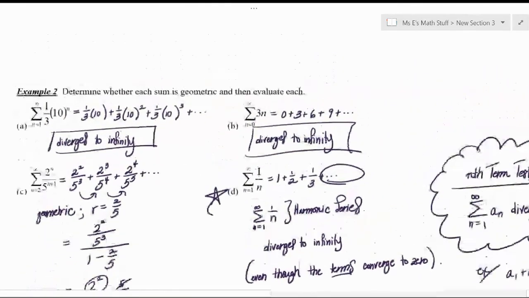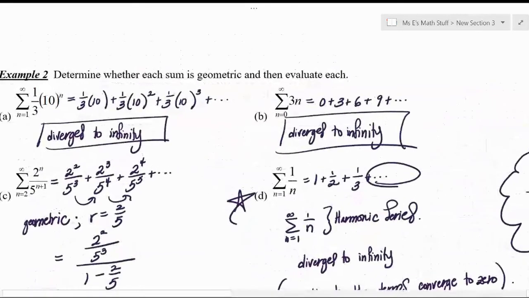So, for example, for part A, if you were asked, what's your reason to say it diverges to infinity? Well, since the terms themselves are not approaching a value of 0, you could say, I used the nth term test for divergence. That's one reason you could give at this point.